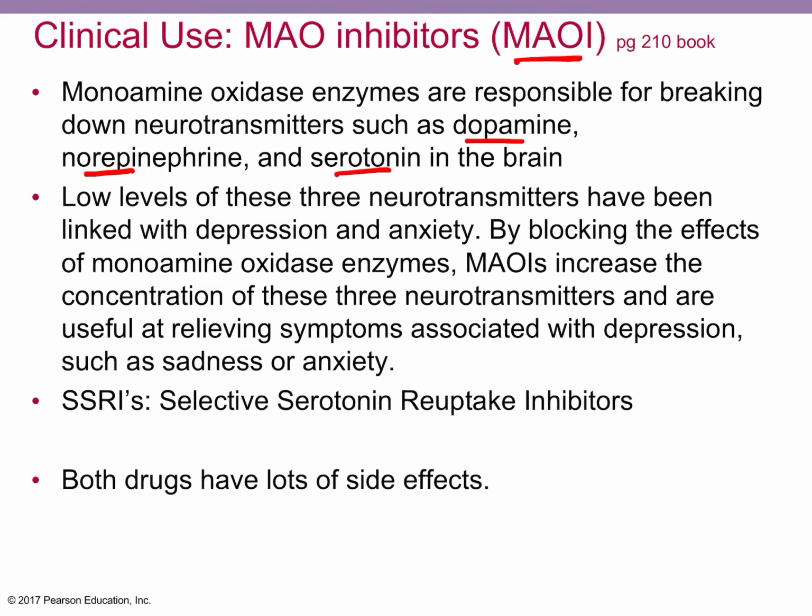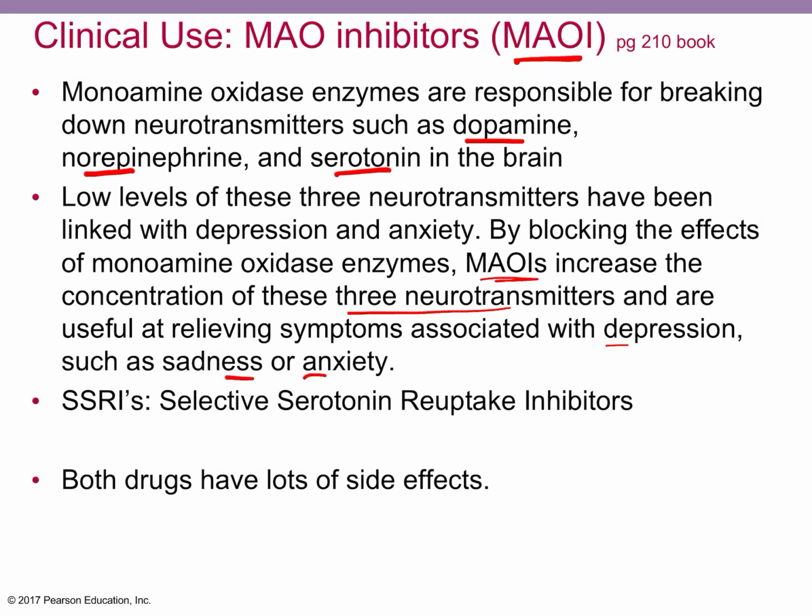So you want to inhibit the enzyme that breaks down these neurotransmitters so that they can be more active in the cleft. These inhibitors will increase the concentration of those three neurotransmitters, and when you have more of them, it can relieve the symptoms associated with depression, sadness, or anxiety.